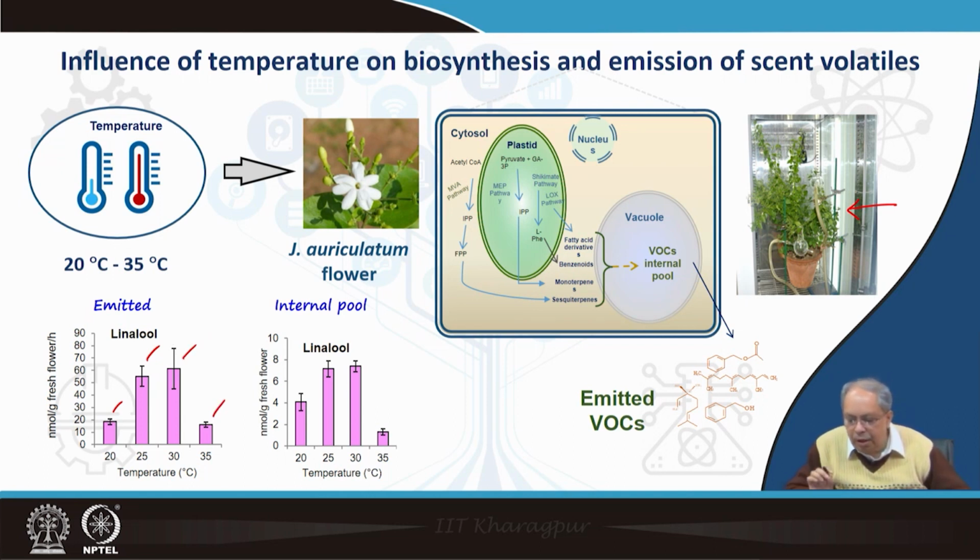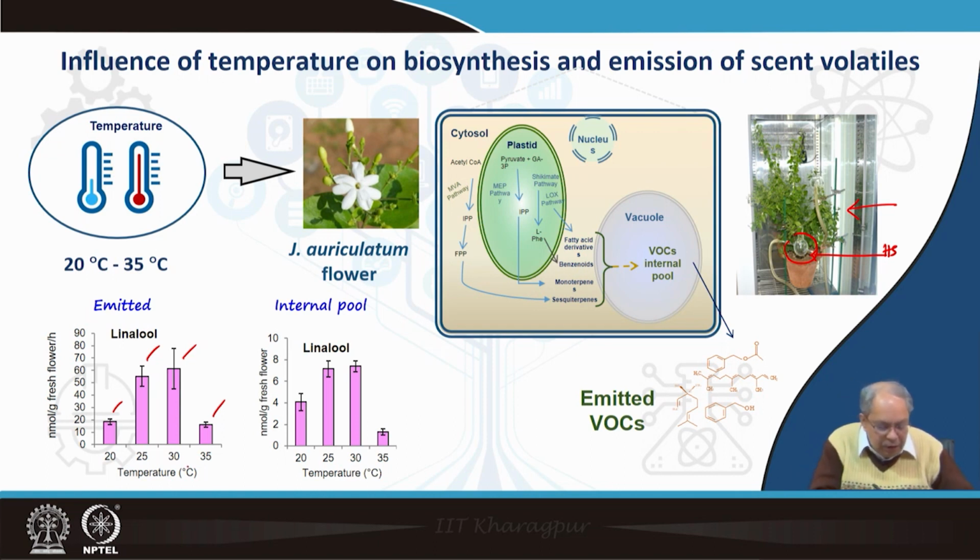The plants were kept just at the time of bud formation. So, the buds developed and bloomed, and then emission happened, and accordingly the volatiles were collected. This is the headspace, and it analyzed not only the emitted volatiles, but also the internal pool of volatiles that was present.